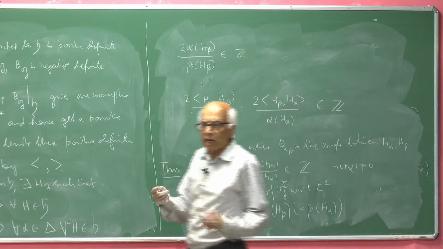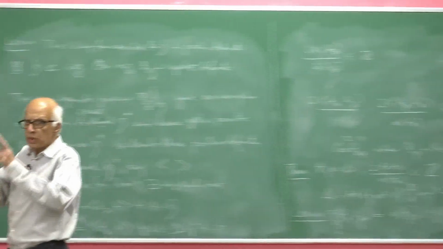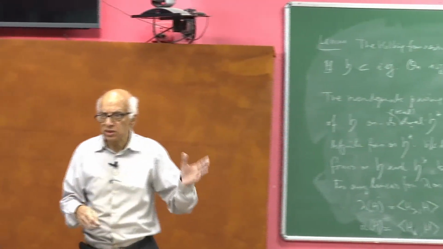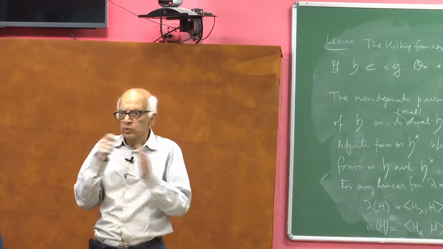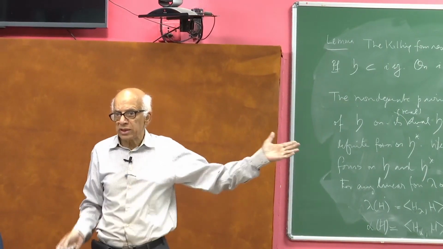It's the standard formula we know: for the angle between two vectors, cos theta is the inner product of the two vectors divided by the product of the norms of the vectors. Square that, and you get this.